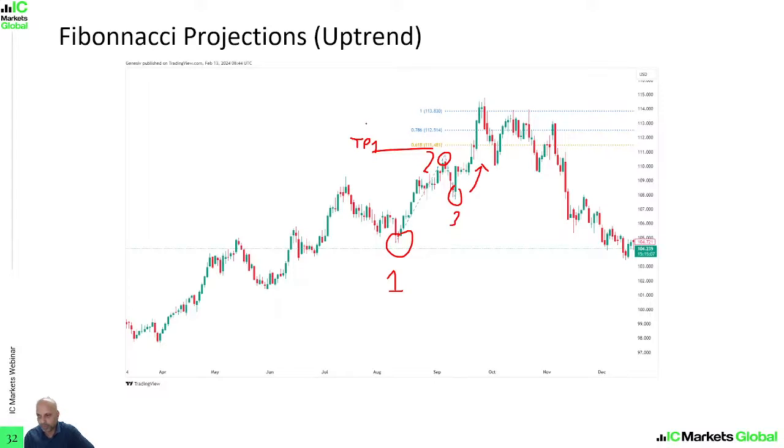TP1 at 61.8%, TP2 at 78.6%, and of course TP3 at 100%. In this scenario, back in 2022, price actually reached all the way up to the 100% Fibonacci projection before stalling at about 114.40, perhaps 114.80, before reversing to drop lower. So this is how we can use the Fibonacci projection tool for the uptrend.